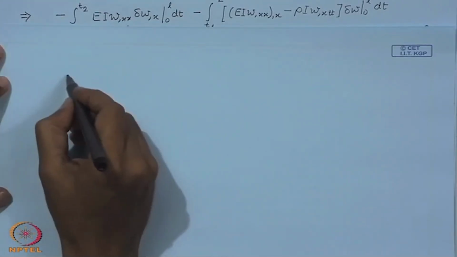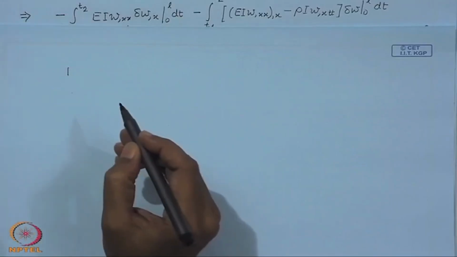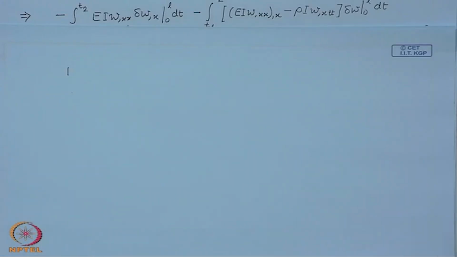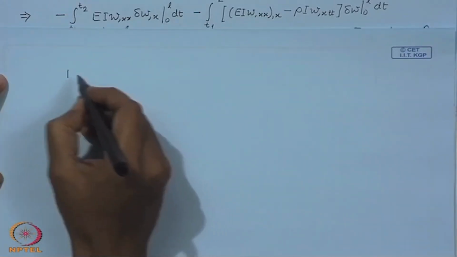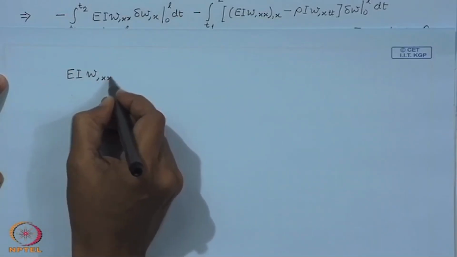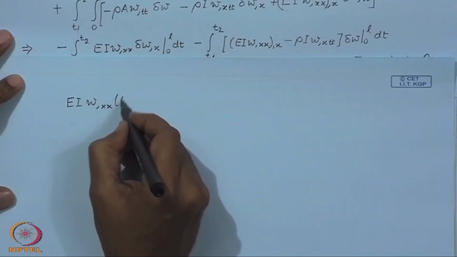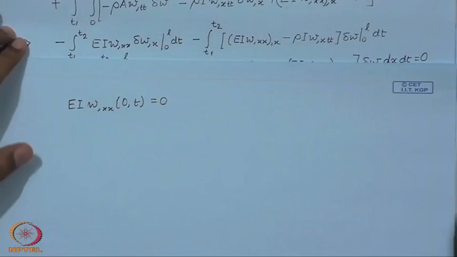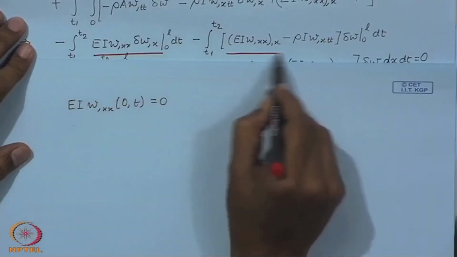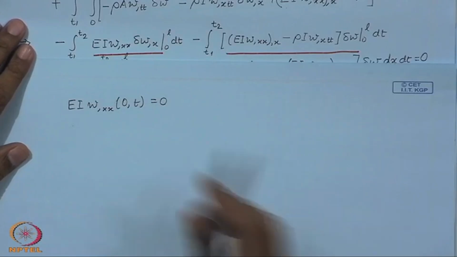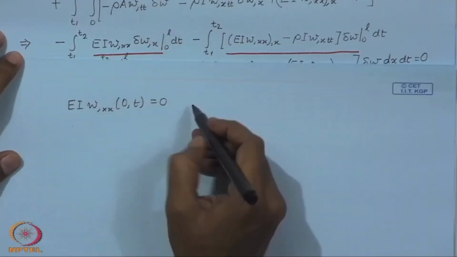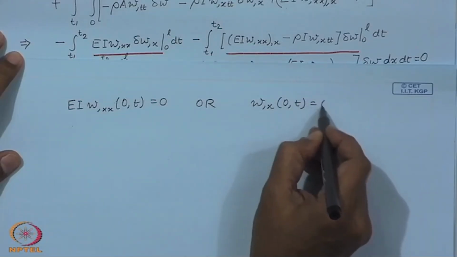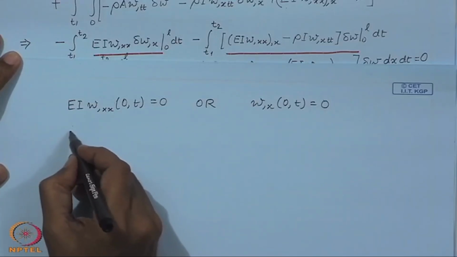So, these are the boundary terms. So, we can have the displacement at 0 to be 0, or we can have the slope at 0 to be 0, or fixed.